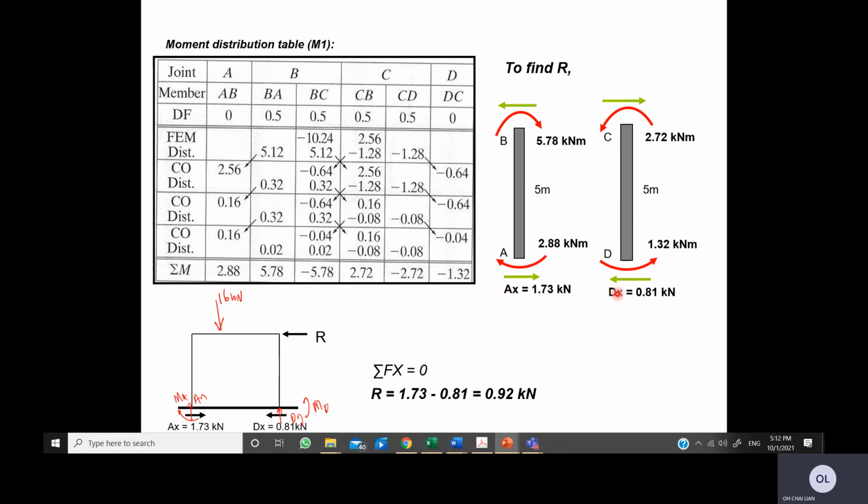Once AX and DX have been obtained in the determined direction, we apply summation Fx equal to 0. In this case AX is positive, AX minus DX minus R equal to 0. So you get R equal to 0.92 here.